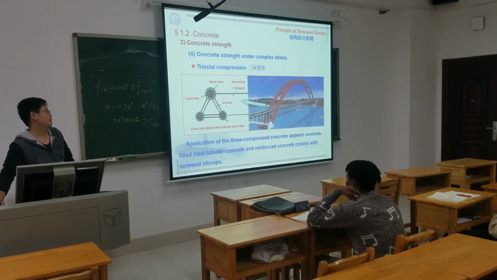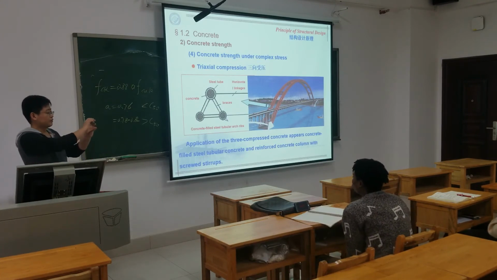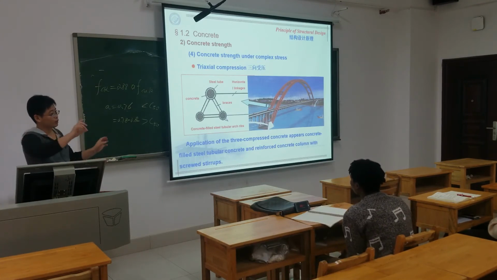But that's not the main disadvantage. Actually, self weight can be one of the advantages, because for a large span you need to build the ring first. If it is constructed by concrete, it's very heavy and very hard to build.